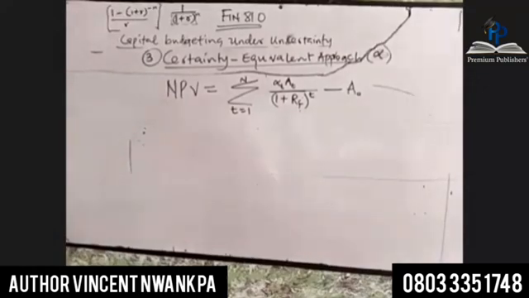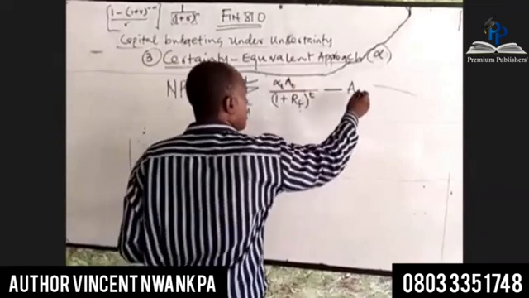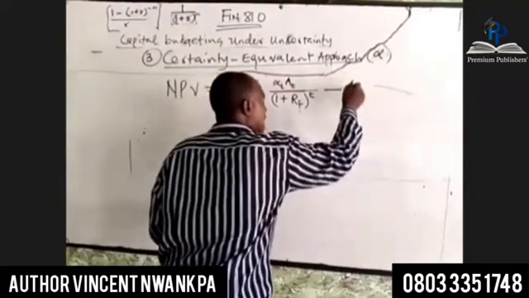So we can do it like this, or we follow other approaches like our tabular form. We're using tabular form, whichever one. Let's go to our tabular form. This A raised to power 0, and this A here is a cash flow, right?